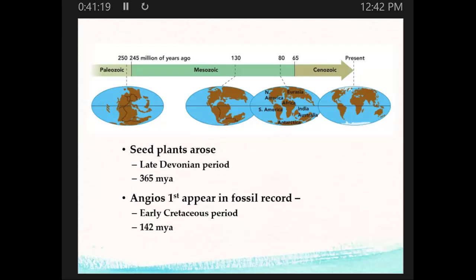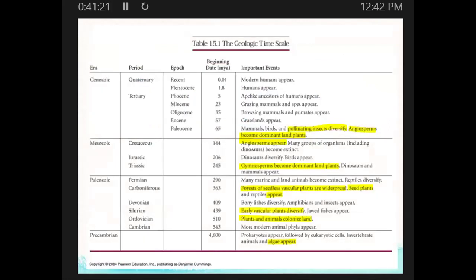This table shows it a little bit better, I think, here. And now this is kind of going through all the different plants we've been looking at, all the way down to algae. So you see at the very bottom here, the Precambrian time, which is 4.6 billion years ago. Vascular plants diversify during the Silurian.